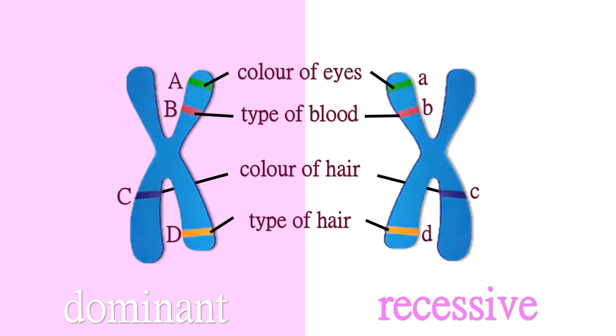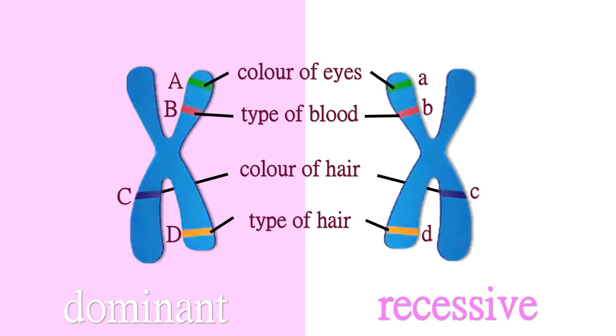From this diagram, we can see that there are four types of allele. There are allele A, allele B, allele C, and allele D. Each allele controls different traits. For example, allele A controls the color of the eyes.